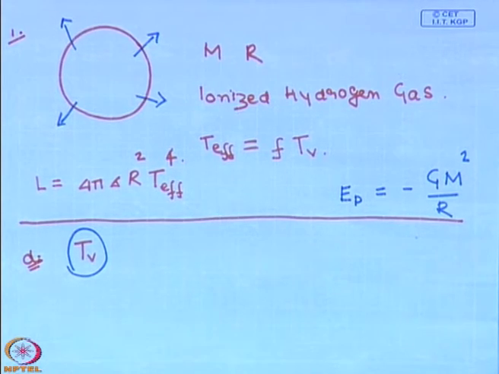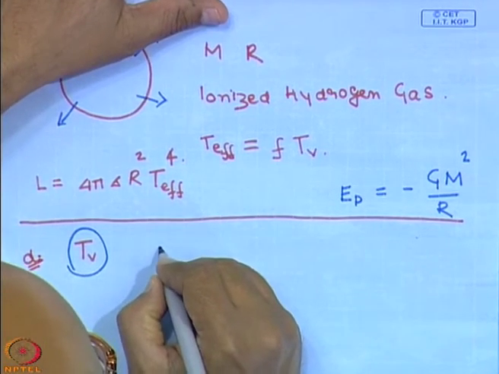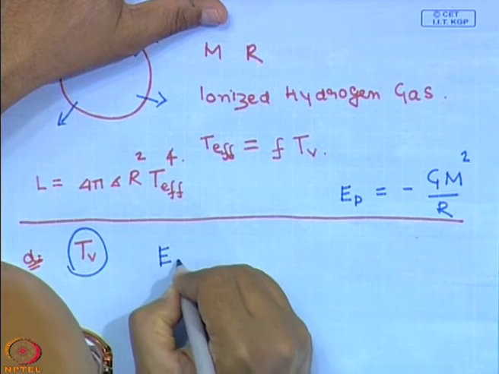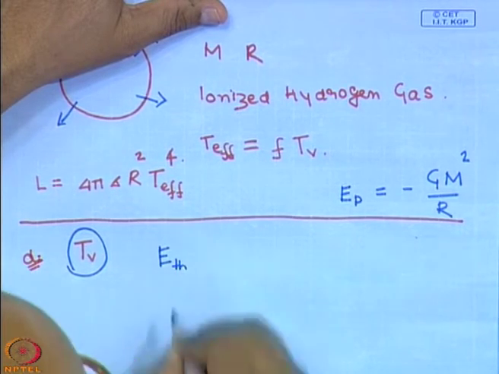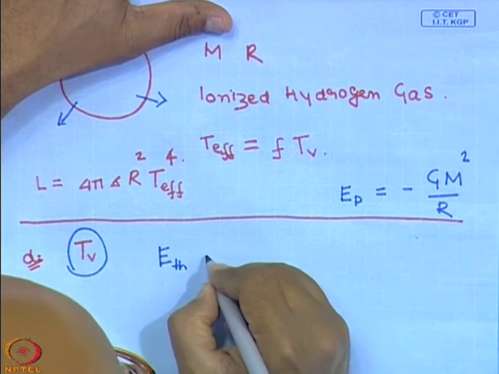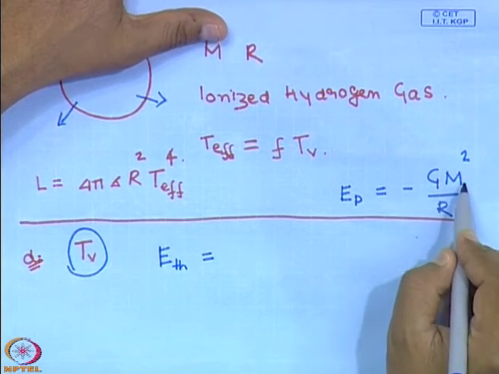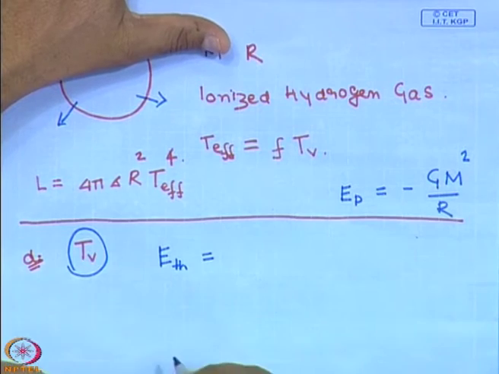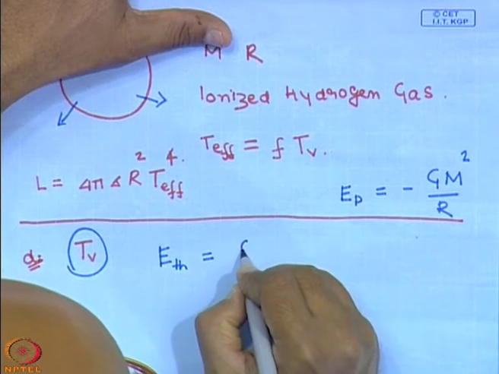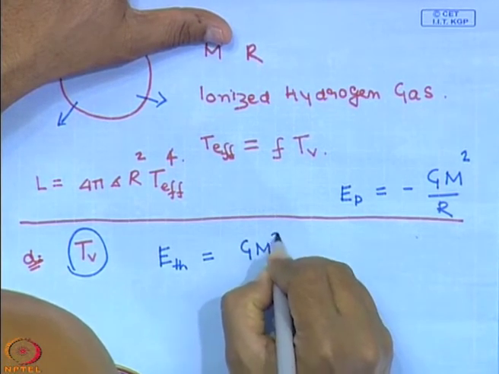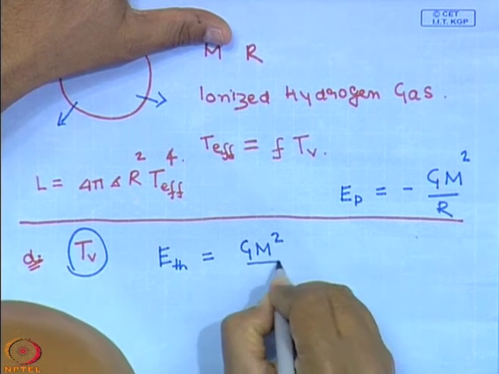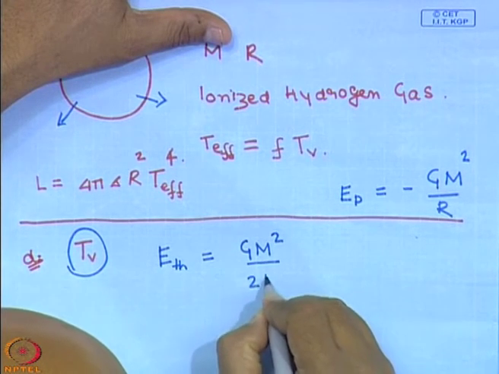Okay. So, we know that in virial equilibrium, the kinetic energy here is essentially the thermal energy ETH. So, this is going to be equal to half of this value. So, half of this value means it is going to be g m square by 2 r.